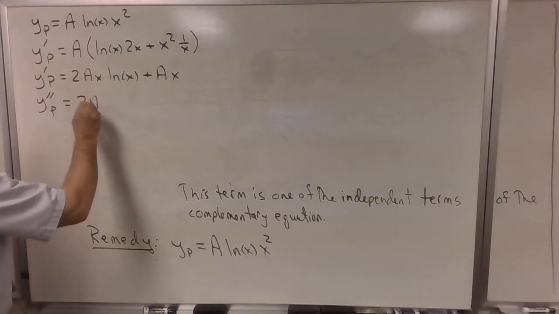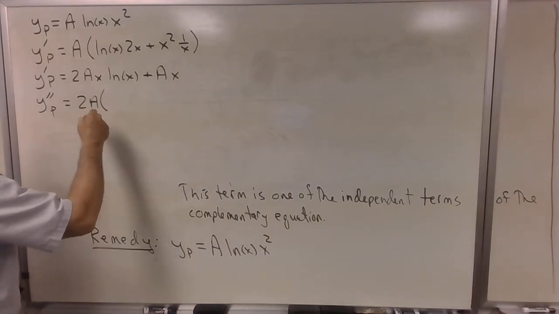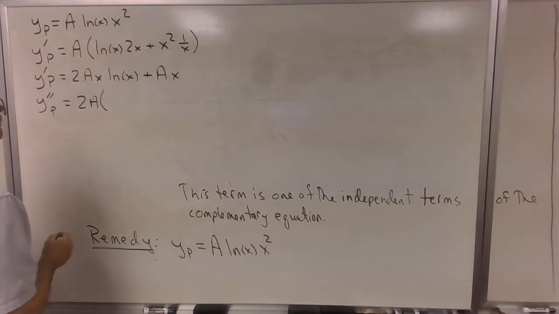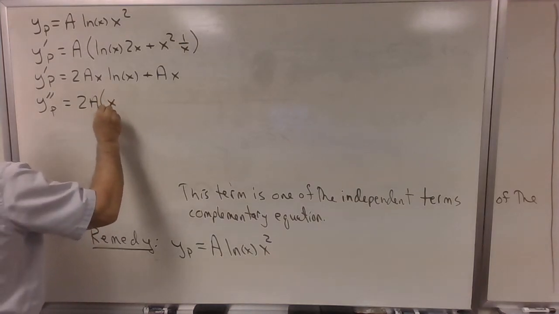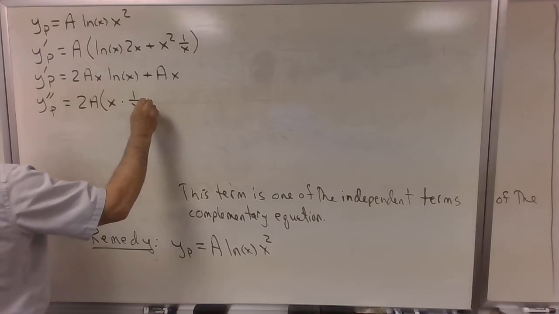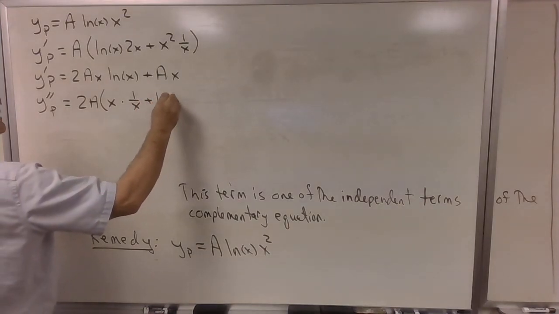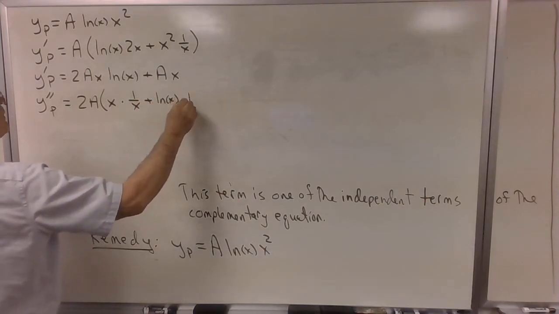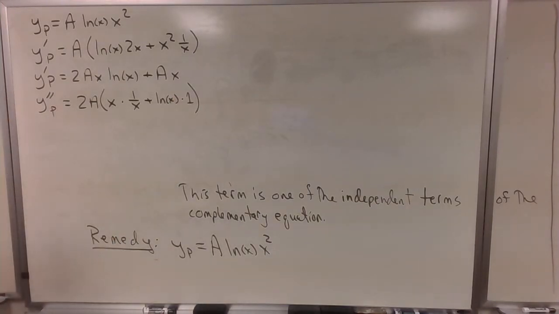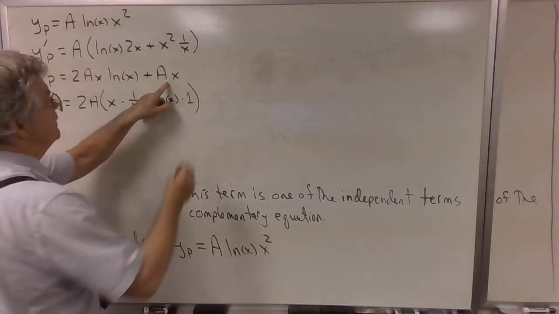So I have 2a times the product x natural log of x. So we have first times derivative of the second plus second times derivative of the first. And then we compute the derivative of this guy.